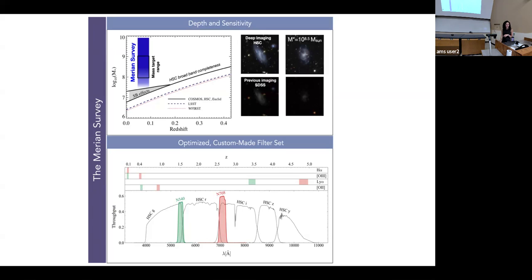So Mirian will be sensitive to galaxies in the range of about 10^8 to 10^9 solar masses out to redshifts of around 0.1. And we anticipate detecting 100,000 new dwarf galaxies in this mass and redshift range.